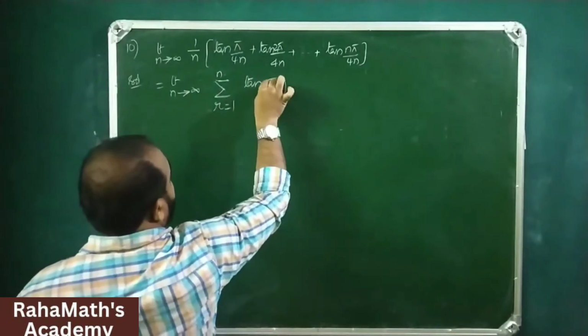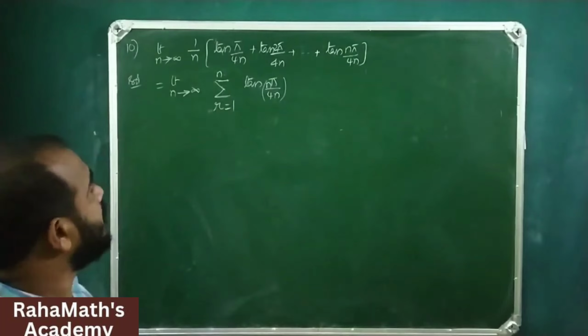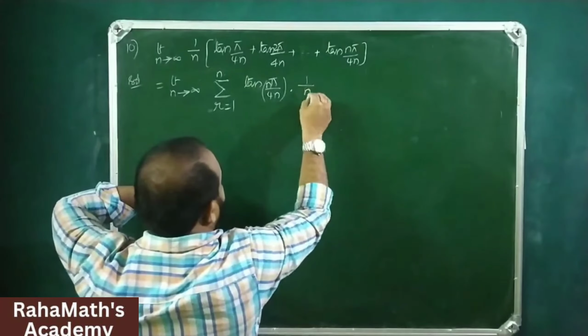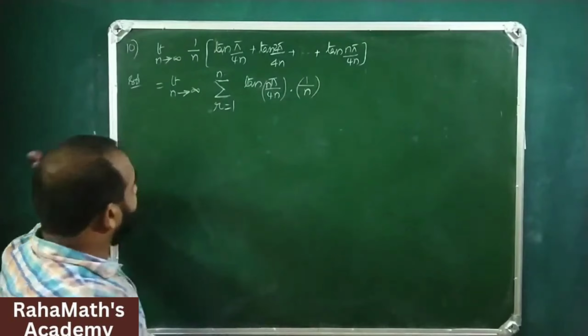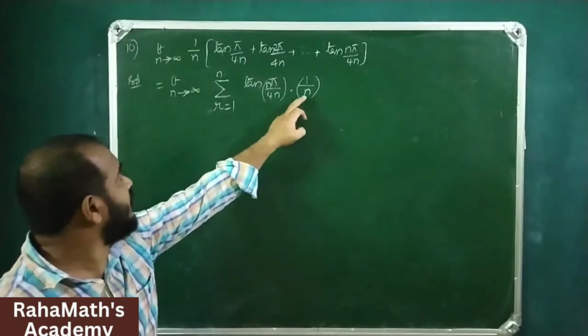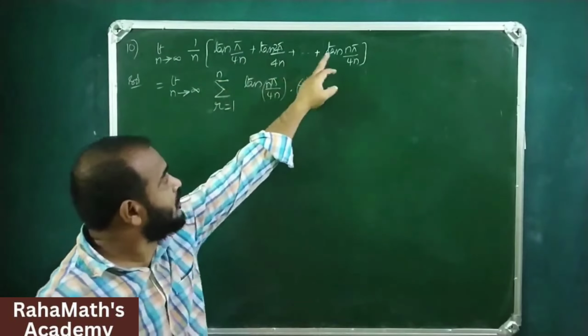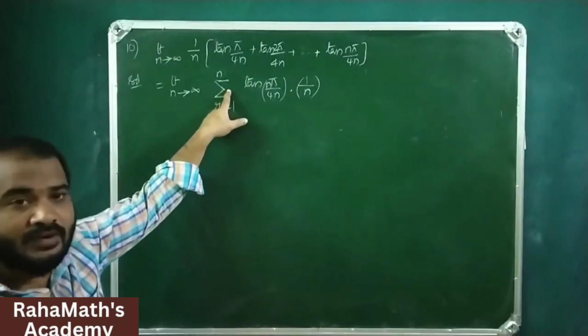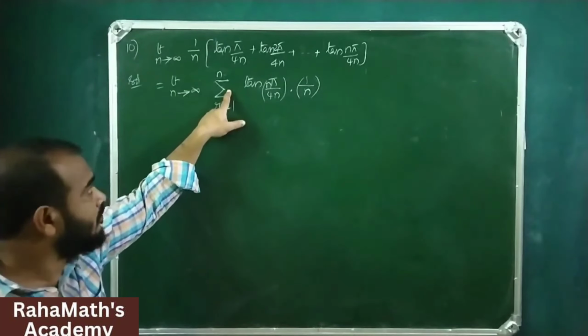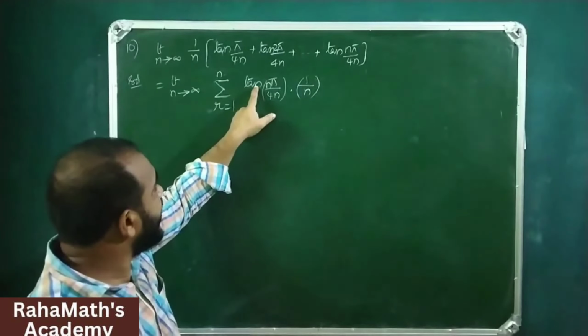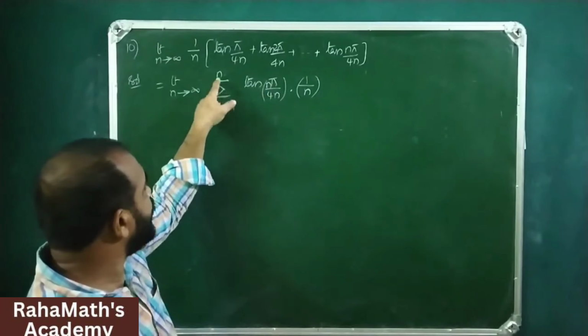So here n I will write here into 1 by n. So again I am telling you, this 1 by n is this, limit n to infinity same. Since this is a summation, therefore I have replaced it with the sigma. So the general term I have written to be tan r pi by 4n, where r runs from 1 to n.